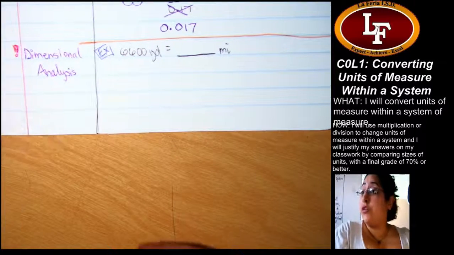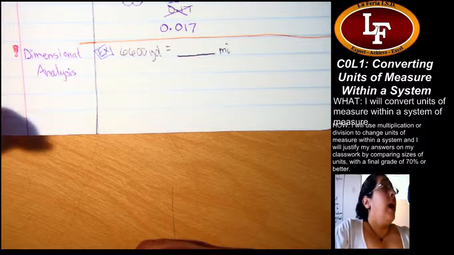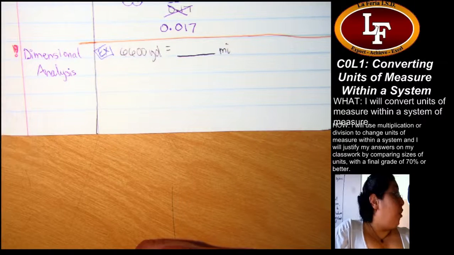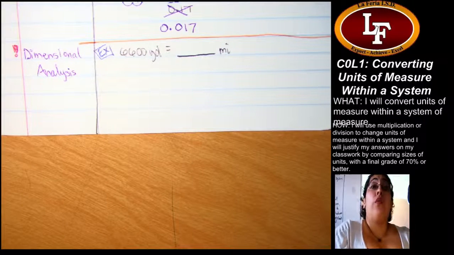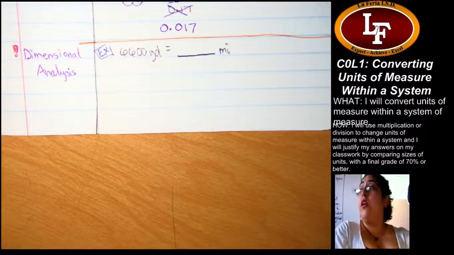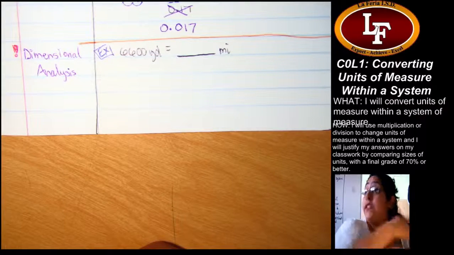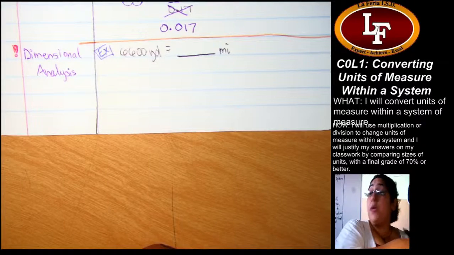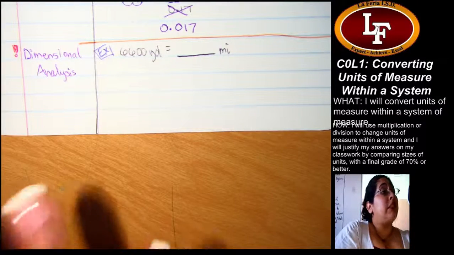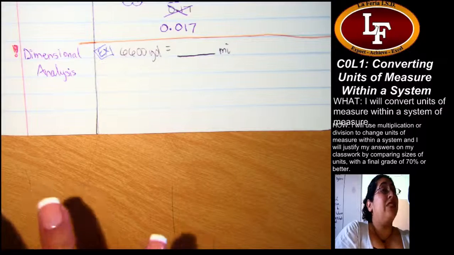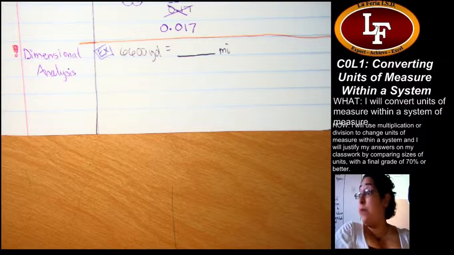And they want you to convert that. For those of you who've already done this one, you probably did yards to feet, then feet to miles, right? We're going to do the same thing in dimensional analysis, but it's going to look like we're doing it all in one step.